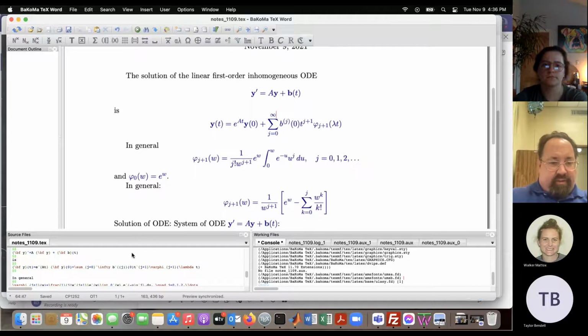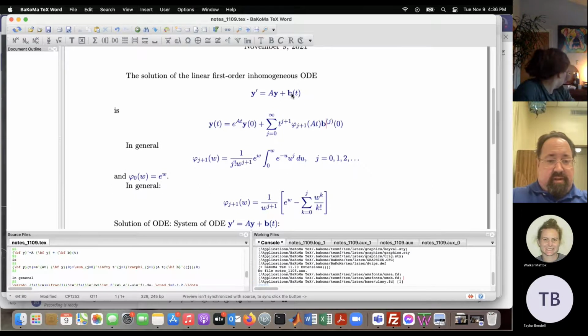Now, because this is a system of ODEs, I need to be careful about ordering. So now what we have here is a matrix function, and then b of t is a vector now. So this is a vector too. And so what we have here is a matrix vector product.